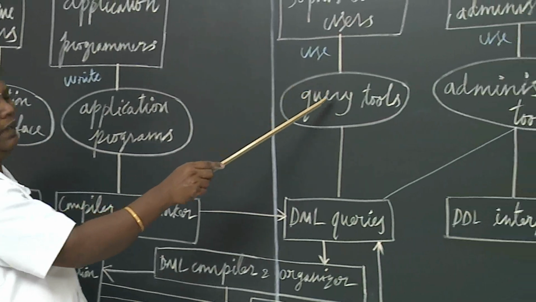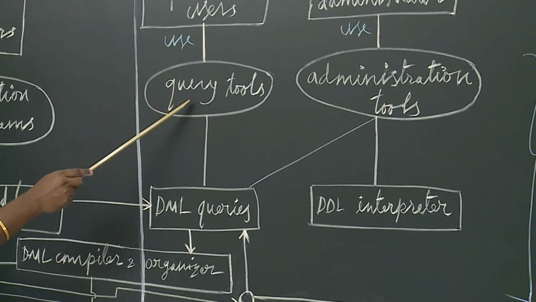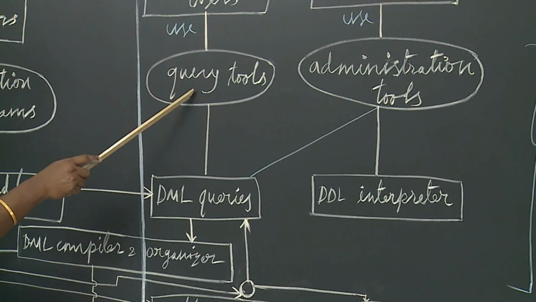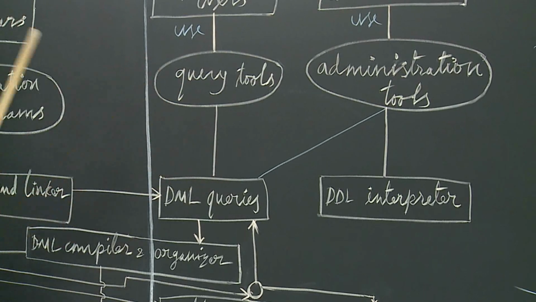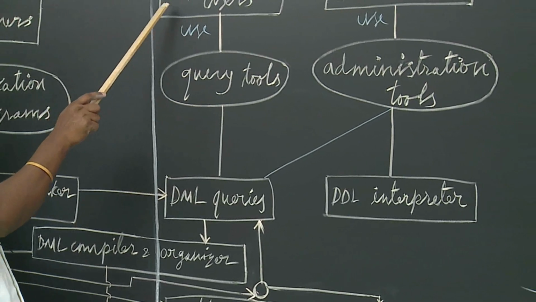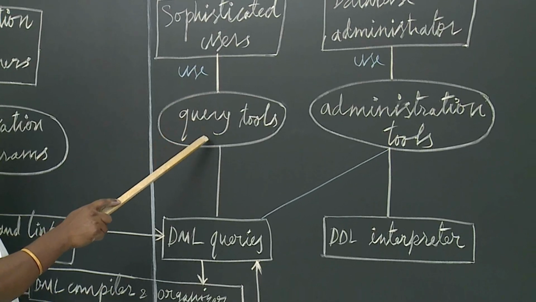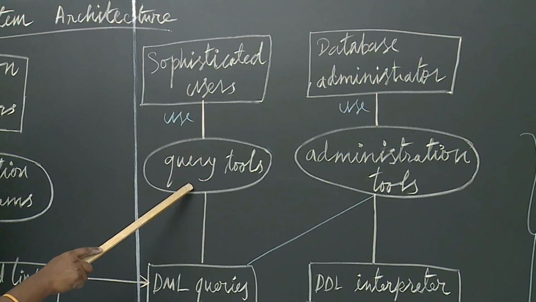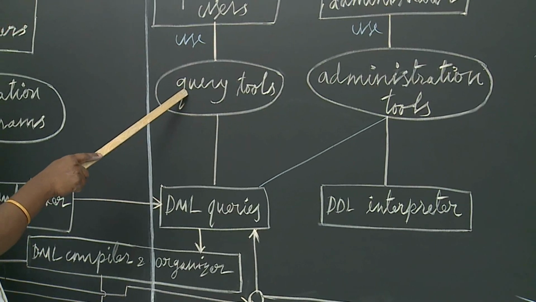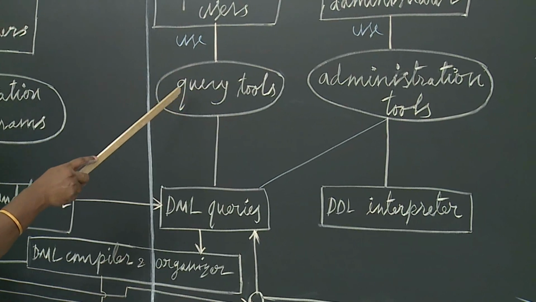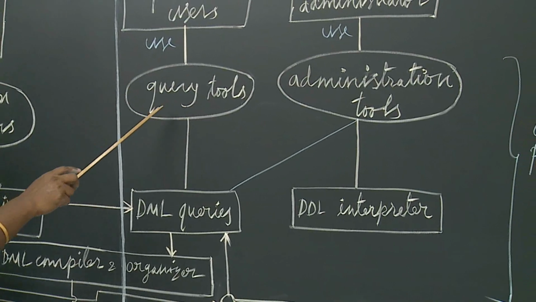Then some query tools. This represents that there are numerous tools possible in order to access the data from the database. So a sophisticated user can use those tools based on their requirement in order to access the database. So that is represented here for any tool they use.